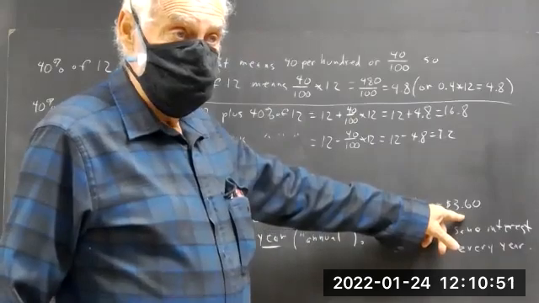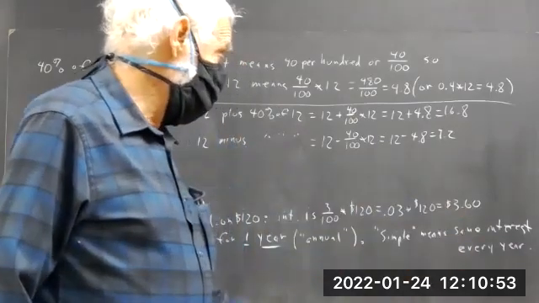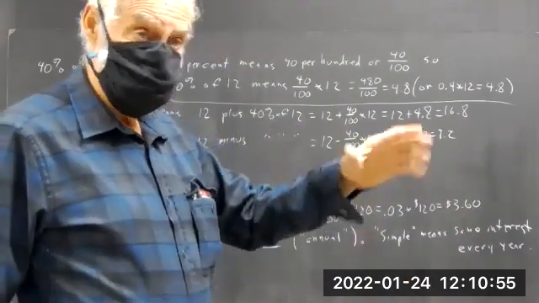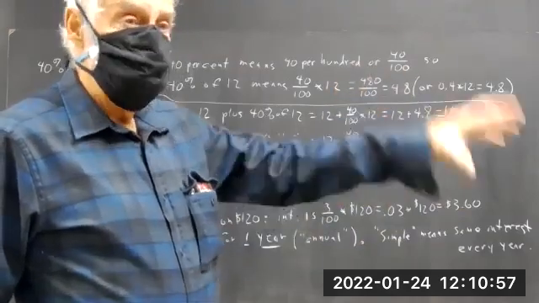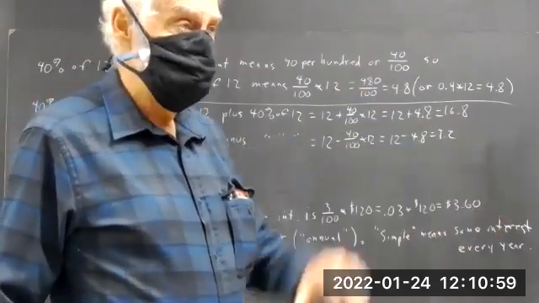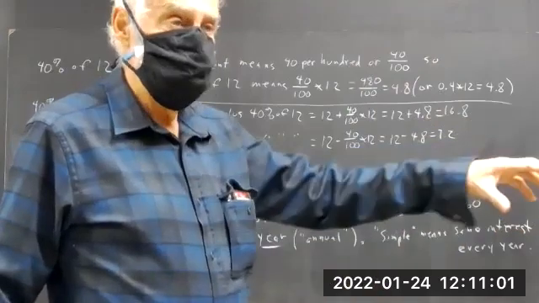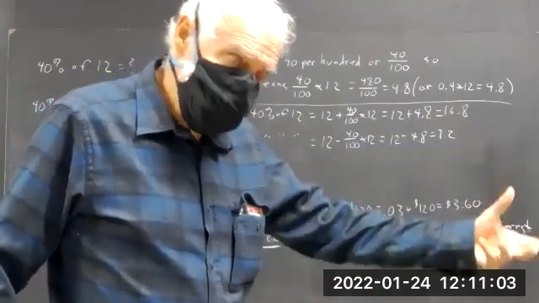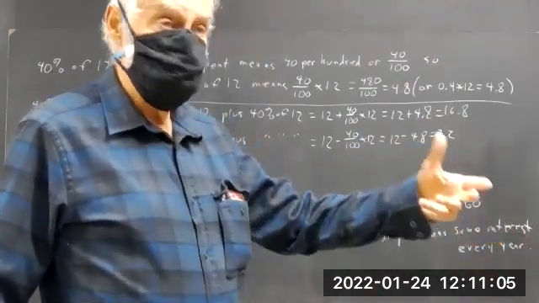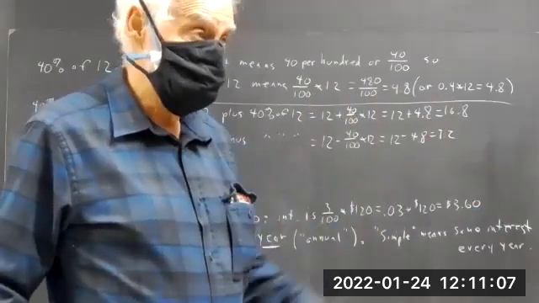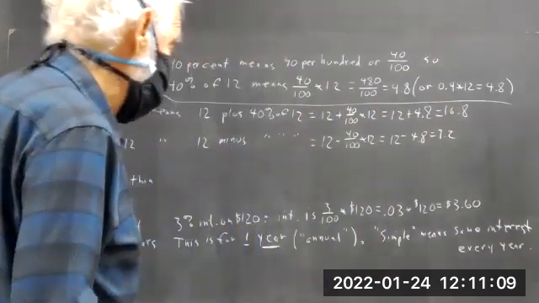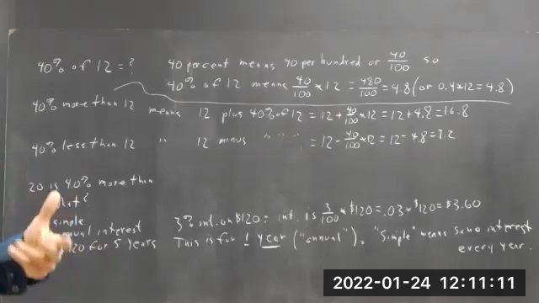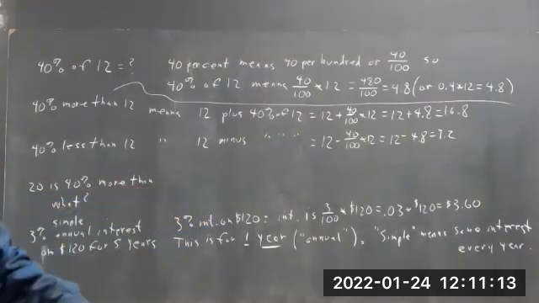So you're going to have a little more than $127.20, okay? And you're going to do the next year's interest based on that. And every year you're doing the interest based on what you have at the end of the year. Okay, so that's compounded. Simple contrasts with compounded.